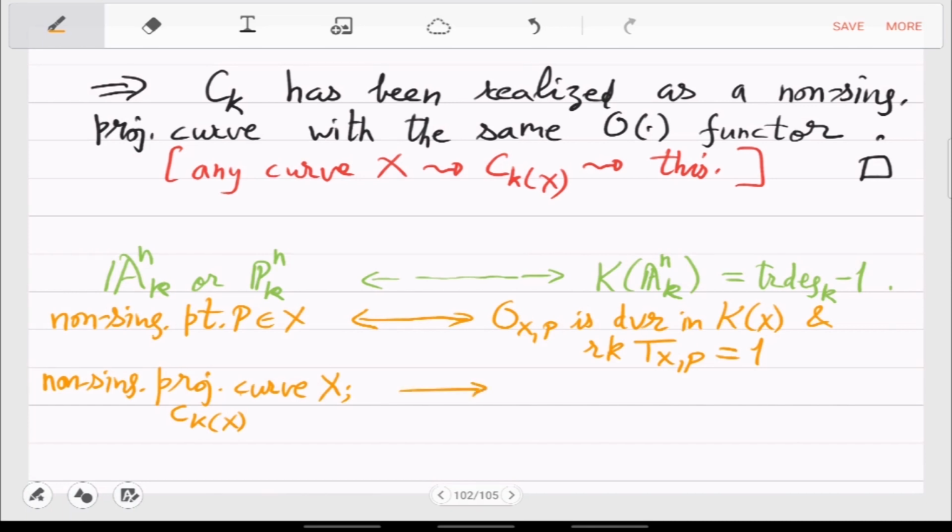From here you can go to the function field and back, right. So actually function fields or transcendence degree 1 fields are in one-to-one correspondence with non-singular projective curves, respectively abstract curves. That also we have shown.